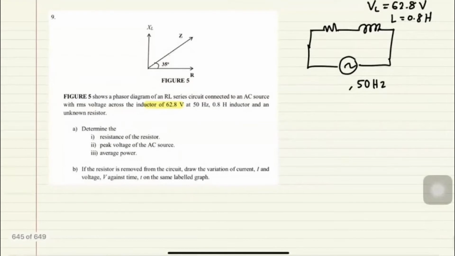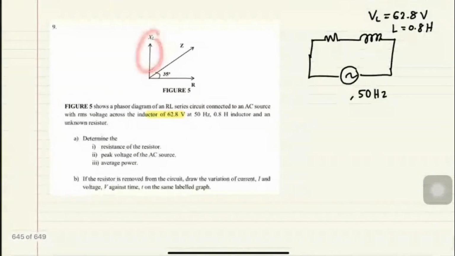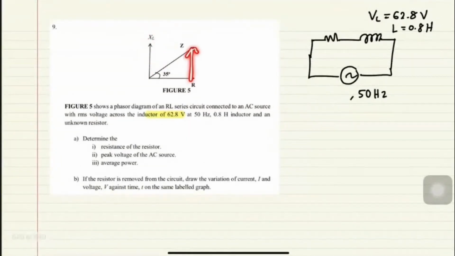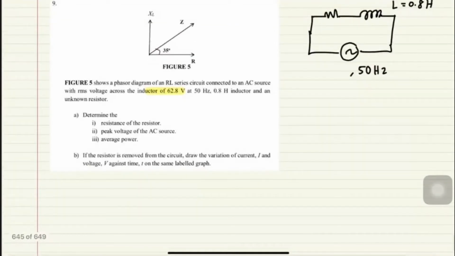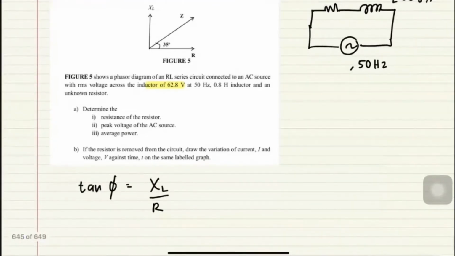Okay, if I rearrange this fancy diagram, I can bring the XL to over here, then it becomes a triangle. So if I do the triangle and then I do cos phi, okay, I don't want cos because I have XL, I want to use tangent. So tangent phi basically equals opposite, which is XL divided by R. Phi is given as 35 degrees, so tangent 35 can be calculated.